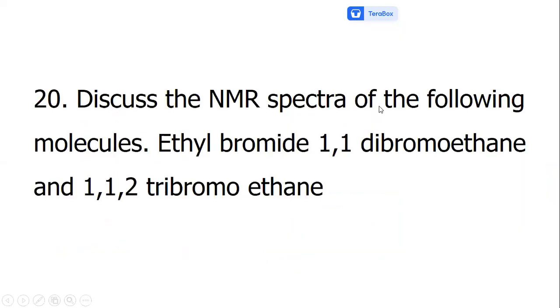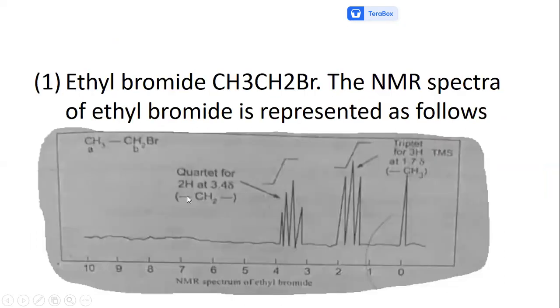Discuss the NMR spectra of the following molecules: ethyl bromide, 1,1-dibromoethane and 1,1,2-tribromoethane. Ethyl bromide, CH3CH2Br.